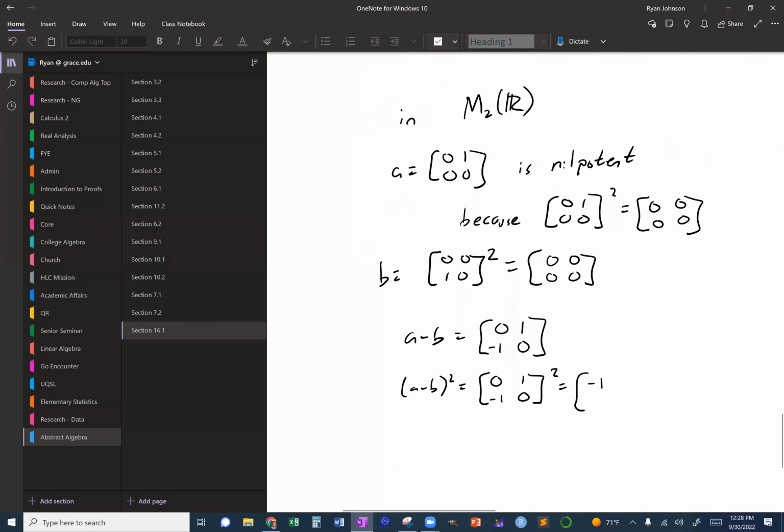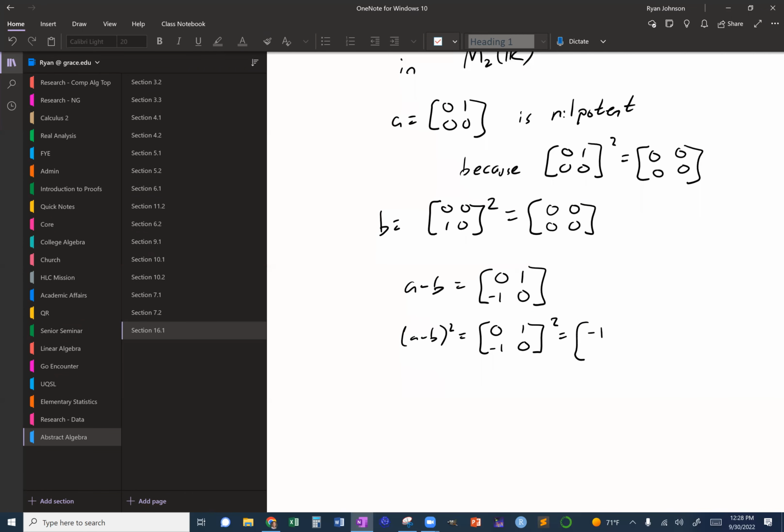Oh dear. This doesn't work because it's not commutative. So this theorem doesn't apply here because the 2x2 matrices are not commutative.